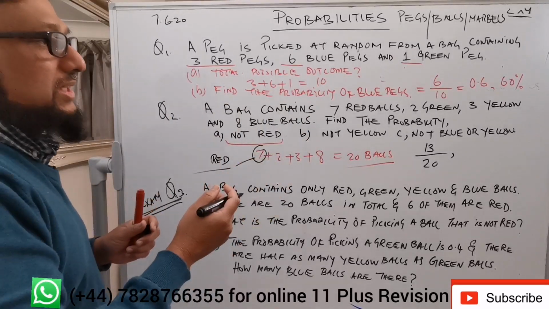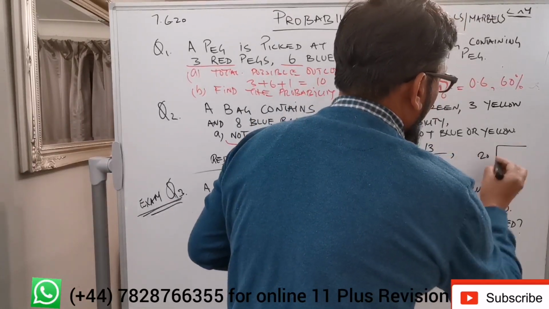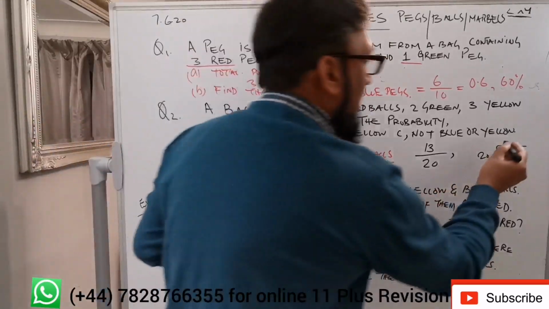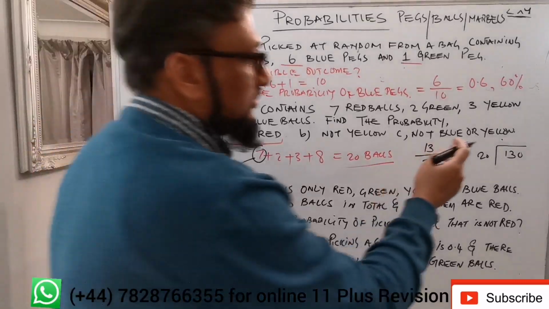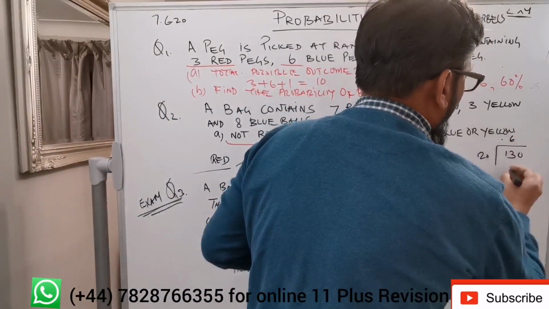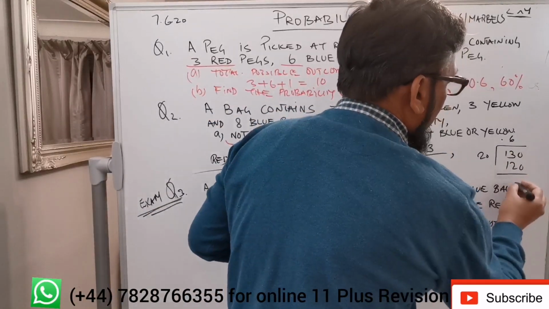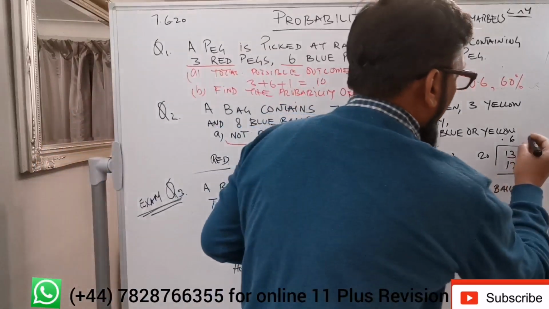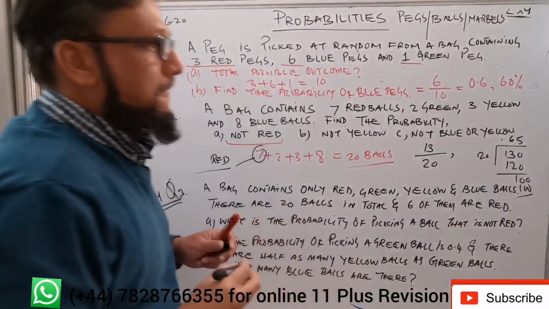If you go for the decimal, you simply divide 13 by 20 and put the decimal there. So 20 times 6 is 120, and the remaining is 10; add a 0, so 20 times 5 is 100.